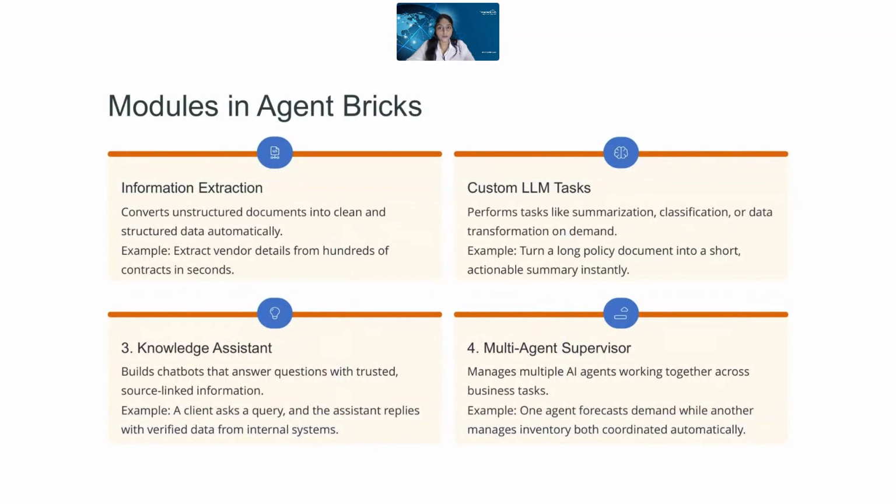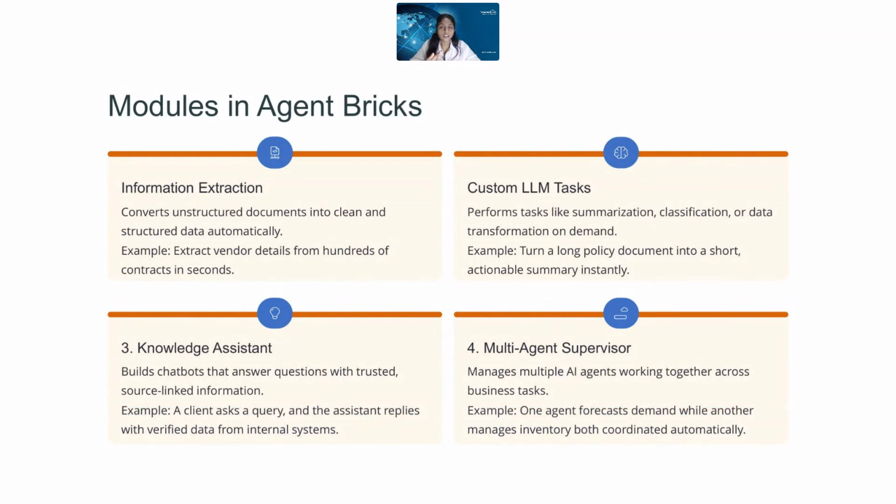So moving ahead with the modules that Agent Bricks comprises. In total, there are four modules in Agent Bricks. The very first module is the information extractor. It is a very simple module that allows you to convert unstructured and uncleaned data into documents, and all of this data is structured automatically.